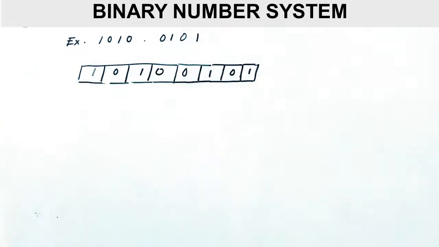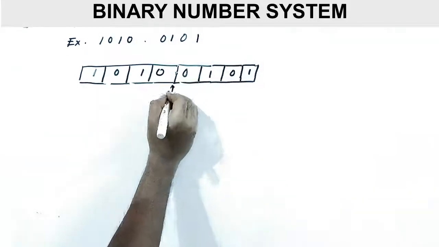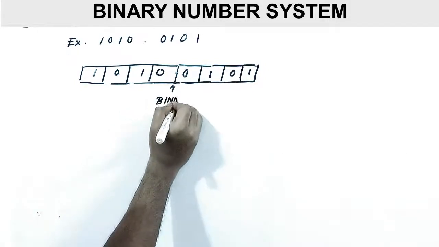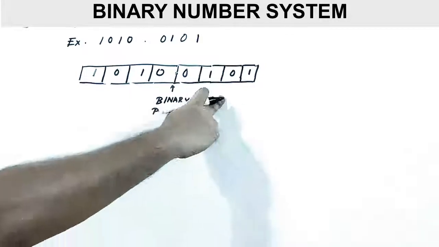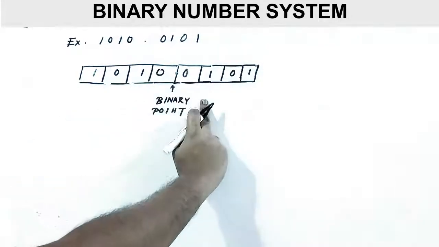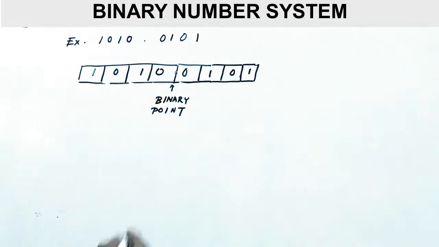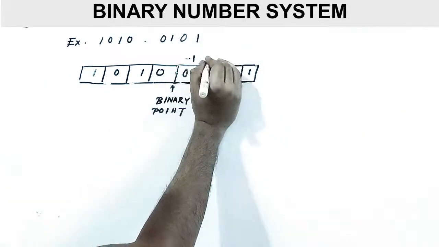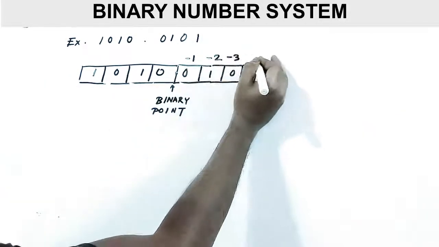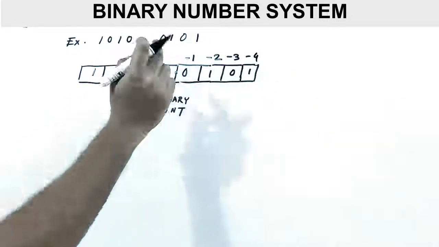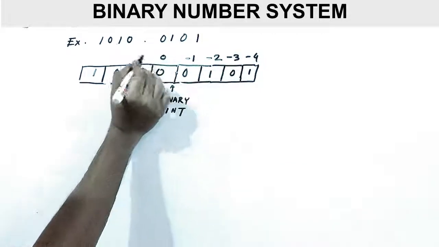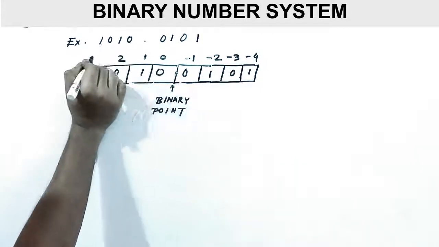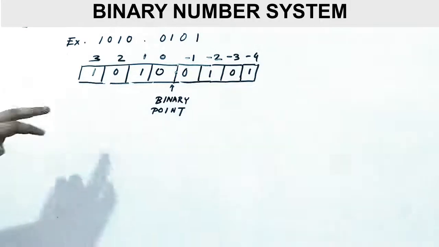Likewise, we have this point, which is also known as the binary point. This is the fractional part, and this is the integer part. For the fractional part, you should start allocating positions from -1, -2, -3, and -4. For the integer part, you should start allocating positions from 0, 1, 2, 3.